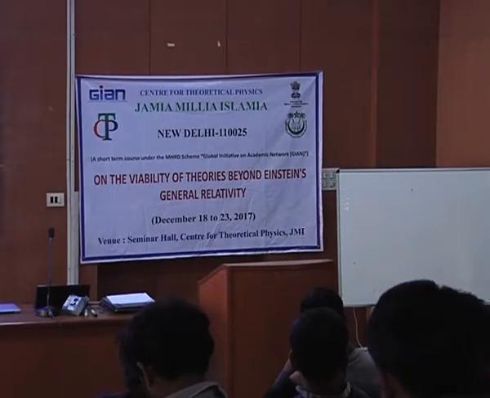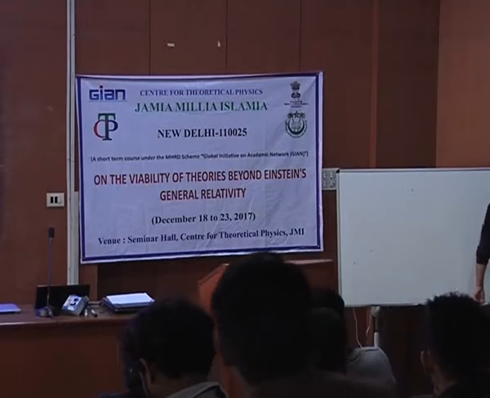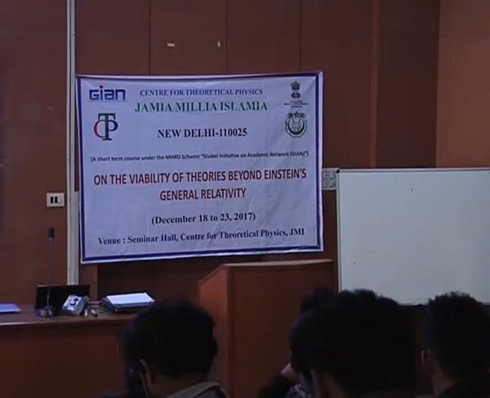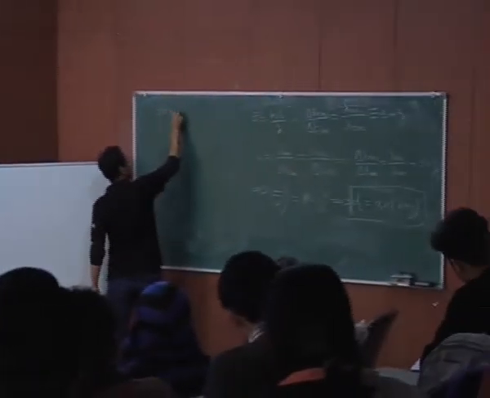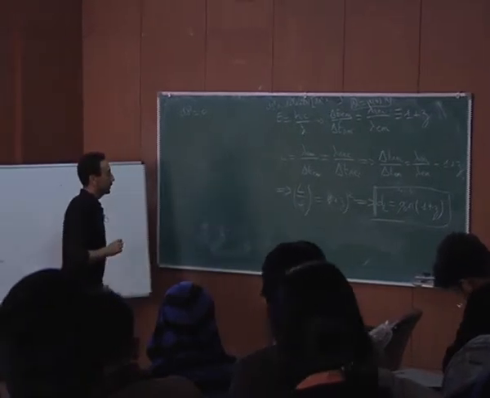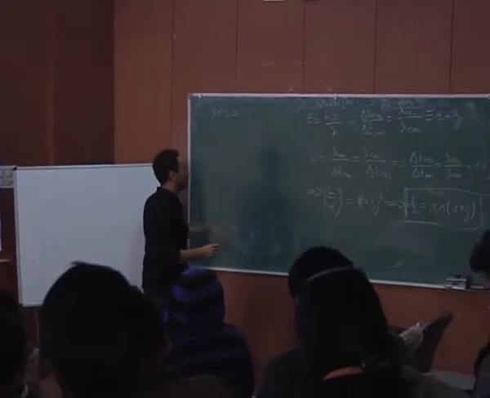So let me do it again. This is from here. We know that for light rays, ds squared is 0. I'm considering that we have a radial light ray, so there is no change in theta and phi.